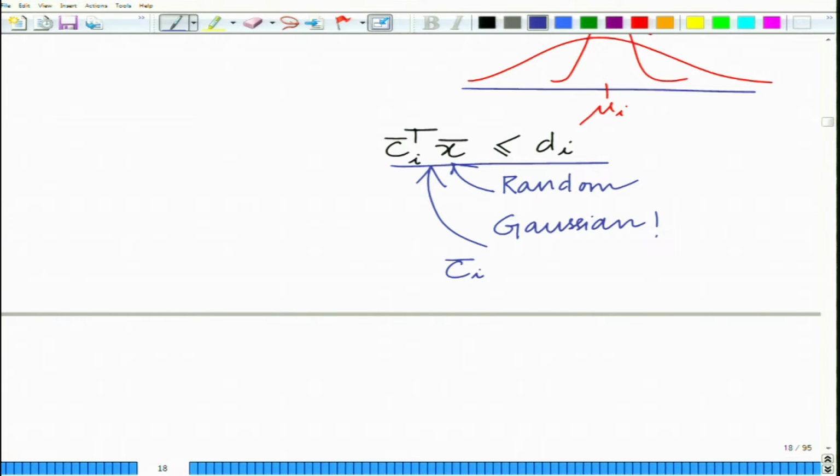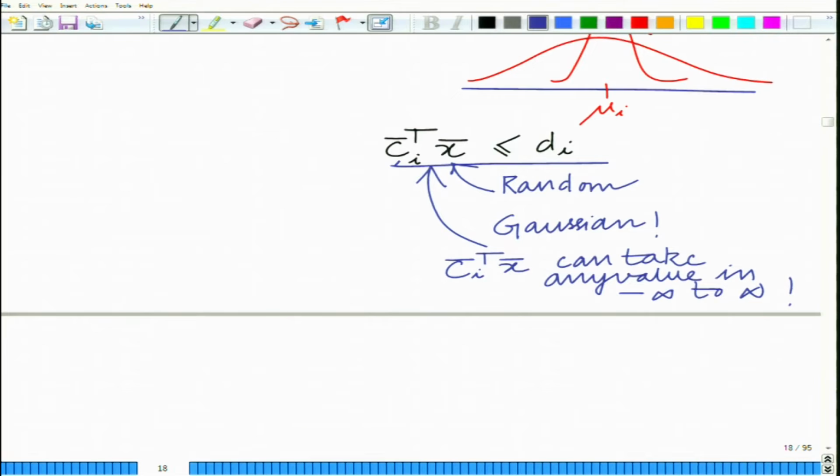And what you can see, more interestingly, since C bar I transpose x bar is a Gaussian random variable, is that it can take any value from minus infinity to infinity. That is the other interesting thing. Remember, C bar I transpose x bar was previously a deterministic quantity, now it is random. So it can take any value between minus infinity and infinity, which means that it need not be less than or equal to di.